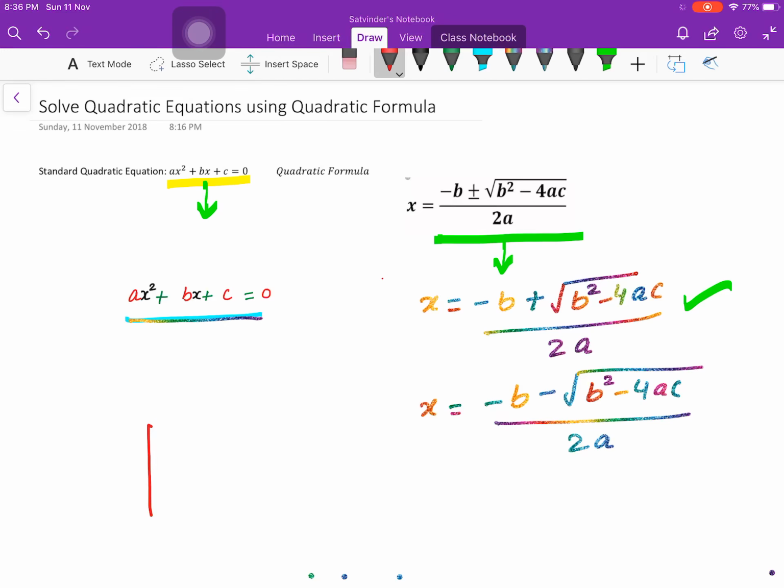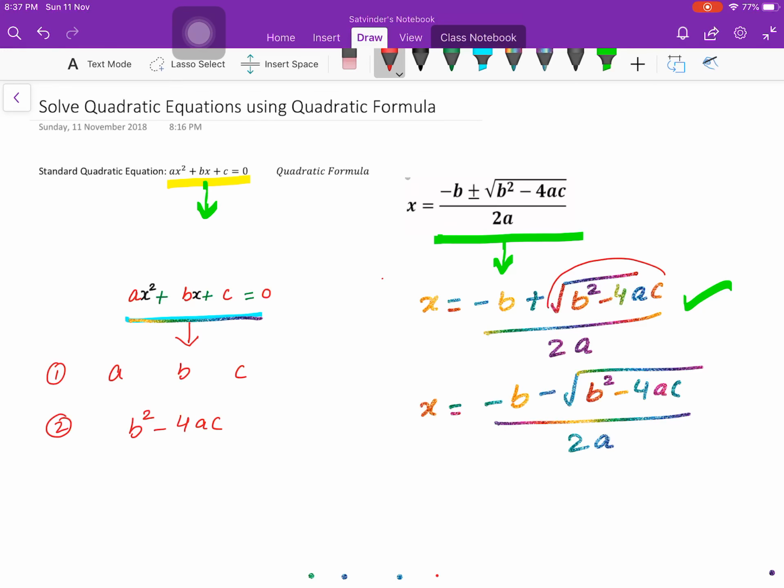Let's list down the steps you have to do when you solve quadratic equations. First, identify the values of a, b and c from the given equation, and make sure the right hand side is 0. Only then will your a, b, c be counted. Next, figure out the value of b² minus 4ac, because that's what we are going to substitute in the square root.